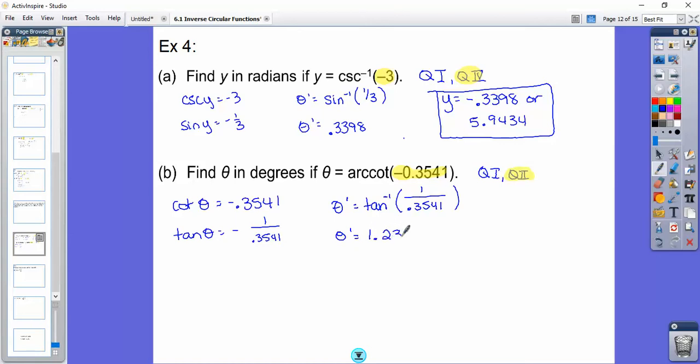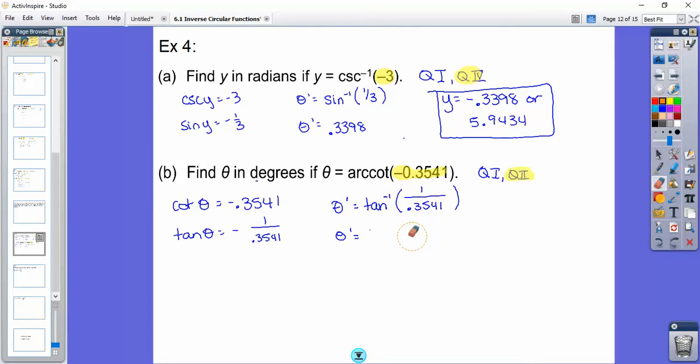When I do that, I get 1.2305 if you round to 4 decimals. We need this in quadrant 2. Oh, hold on. I said in degrees.